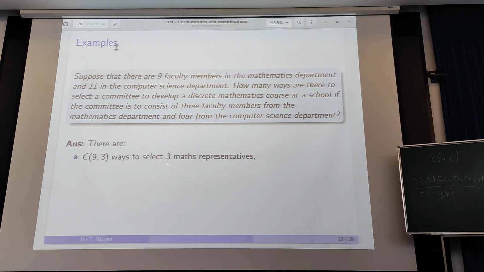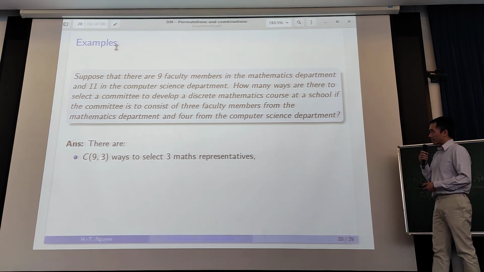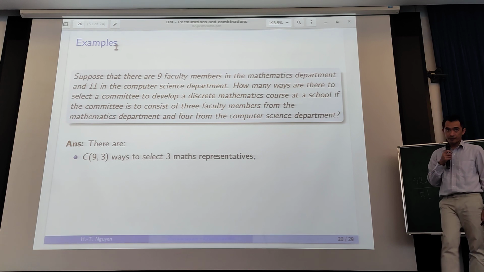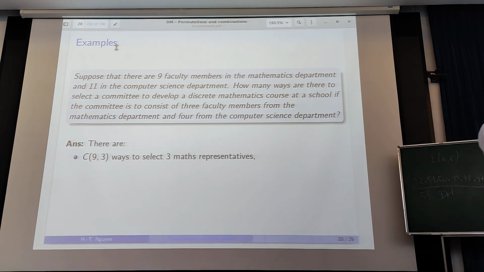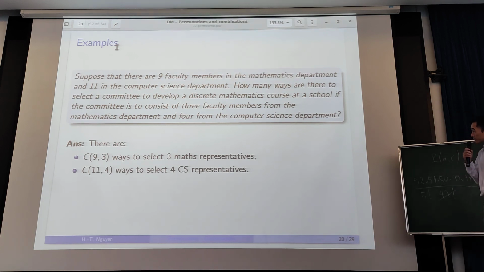The first step, you choose the 3 mathematicians. Among 9 lecturers, if you choose 3, then you have 9 choose 3 ways. In the second step, you have 11 choose 4 ways to choose the representatives for the computer science department.